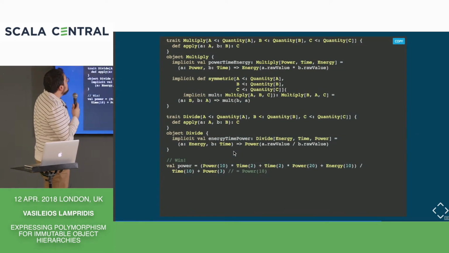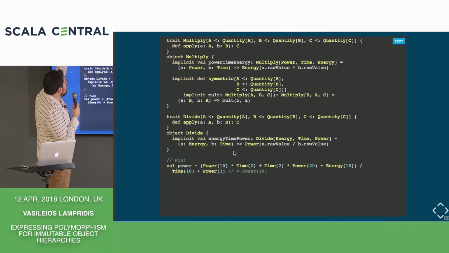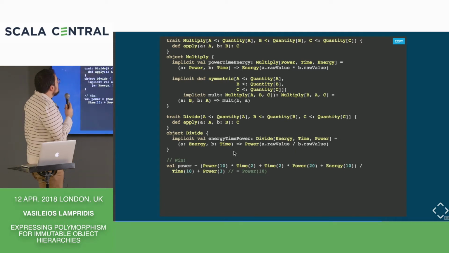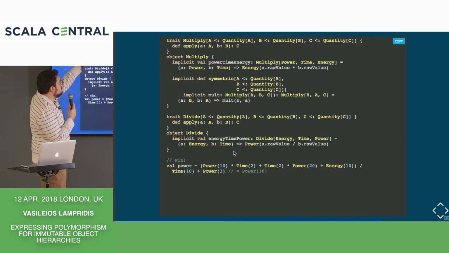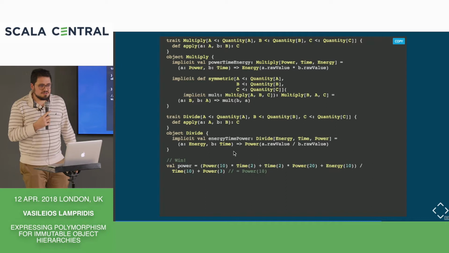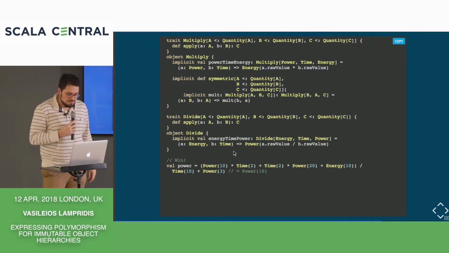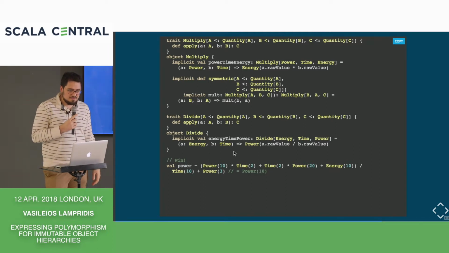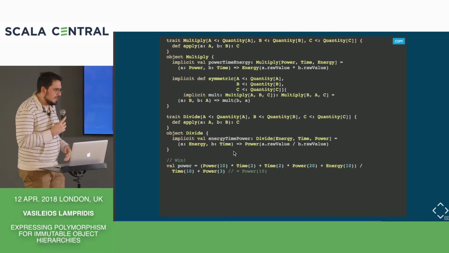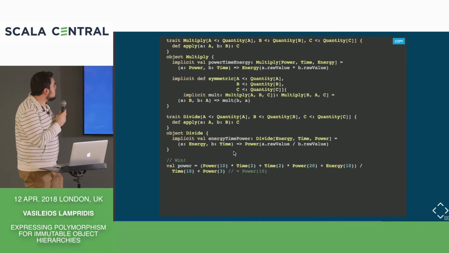So we have a trait with that apply method taking A and B and producing C. And I also follow this constraint of quantities, but this is not strictly needed for the example. But I think it's a good practice since you have that type constraint. You may as well apply it. Otherwise, why did you go through the trouble?